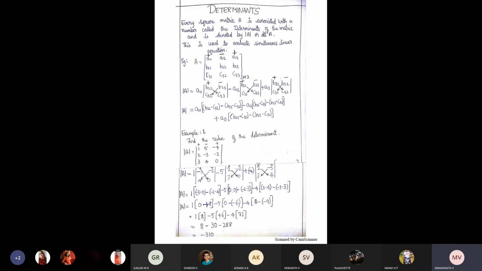Determinants hold good only for square matrices. Please note this point.